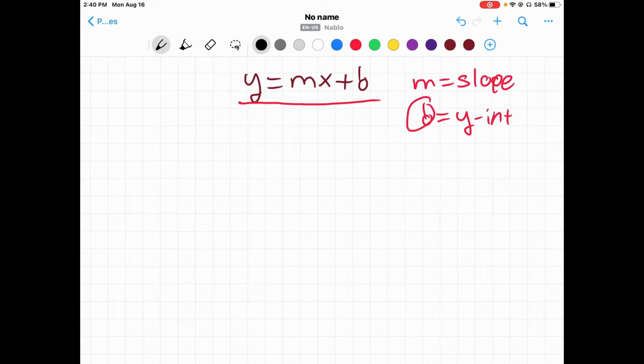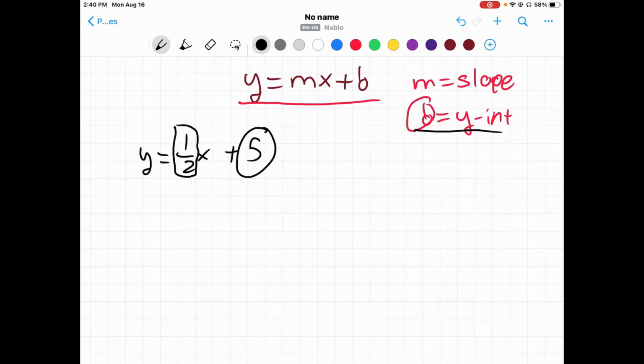So say we had this equation, y equals, I don't know, 1/2 x plus 5. Well, the slope, so m, would be the 1/2, and b would be 5. And since b is a y-intercept, we would already know that this equation has a y-intercept of 5.